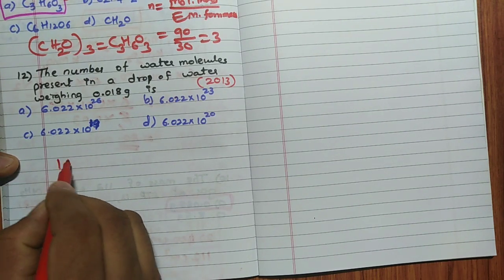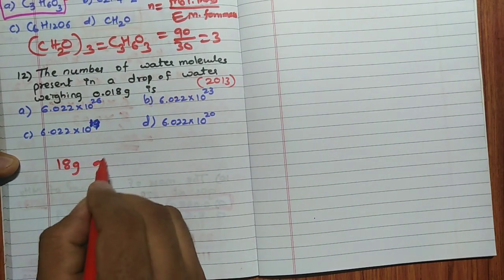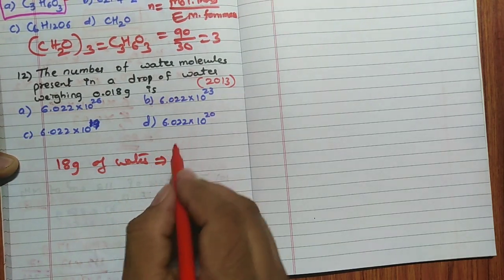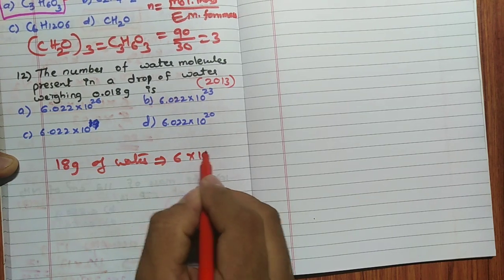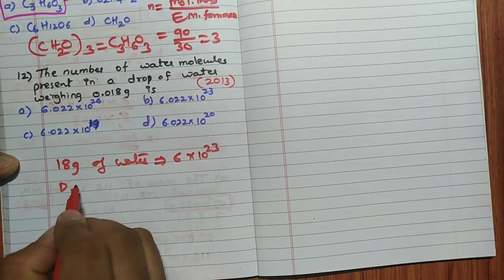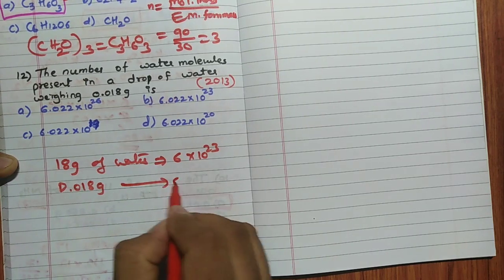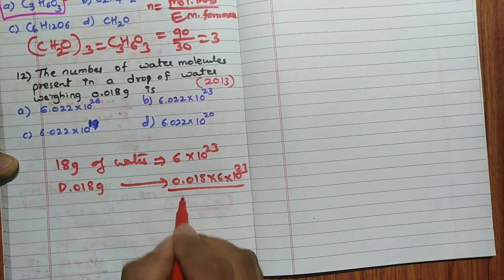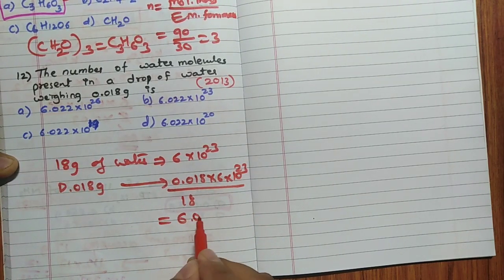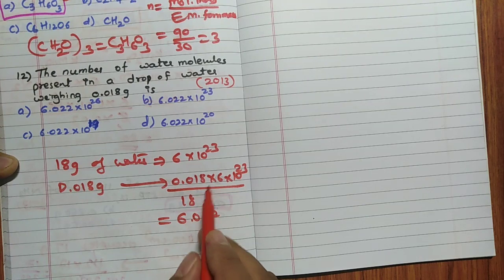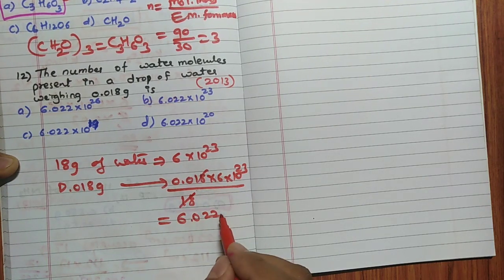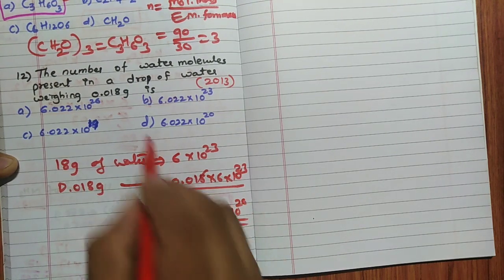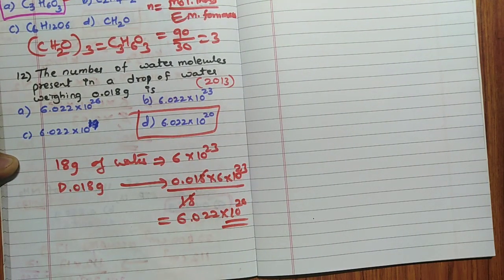We know that 18 gram is the standard weight. 18 gram of water has, in this particular case, 6 into 10 to the power 23. 0.018 gram has how much? 0.018 into 6 into 10 to the power 23 divided by 18. You are going to get 6.022 because 18 and 18 get cancelled. 10 to the power minus 3 is here, and 10 to the power 23, so you are going to get 10 to the power 20. So the answer for this question is D.